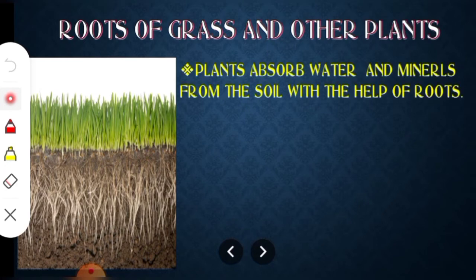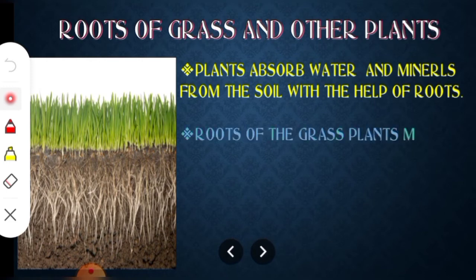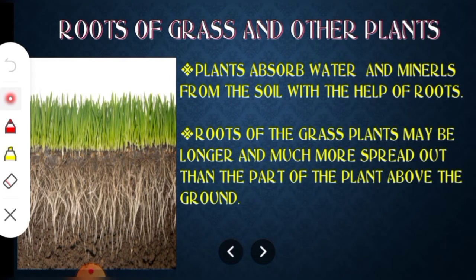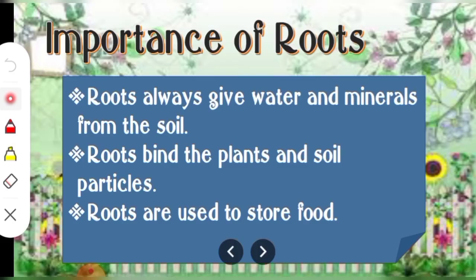Plants absorb water and minerals from the soil with the help of roots. Roots of grass plants may be longer and more spread out than the part of the plant above the ground.